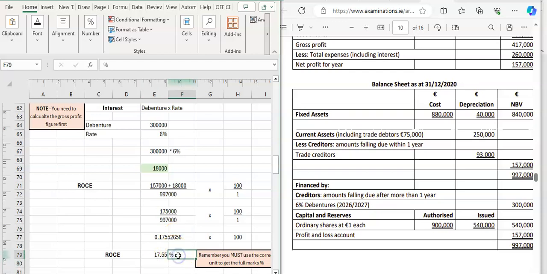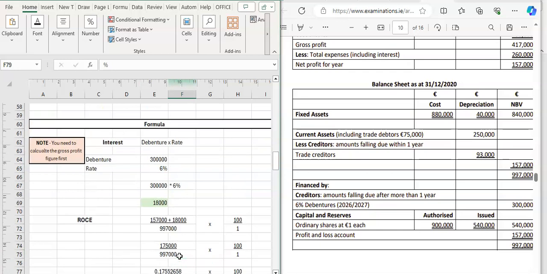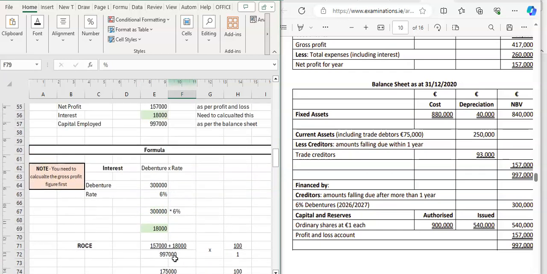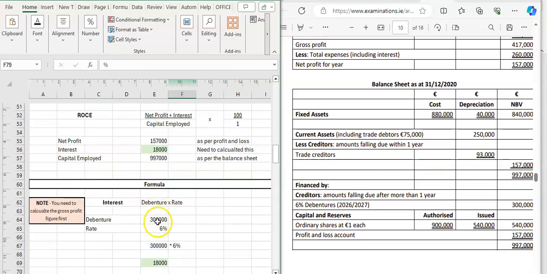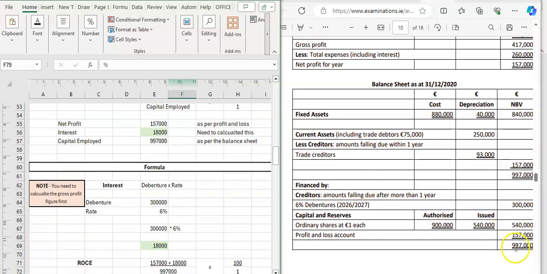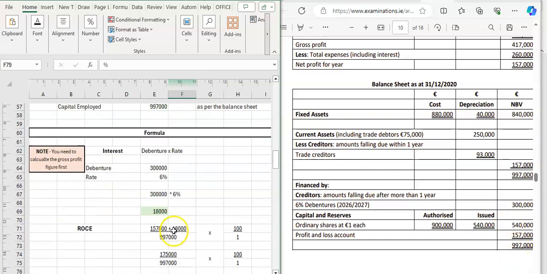And then we're going to keep this as a percentage because it's the return on capital employed. So with the return on capital employed, remember you need to calculate your interest based on your debentures. Debenture is 300,000 by 6%. That's going to give us 18,000 as our interest. That's added on to your profit, and you're dividing that by your capital employed, which is the last figure at the end of your balance sheet.